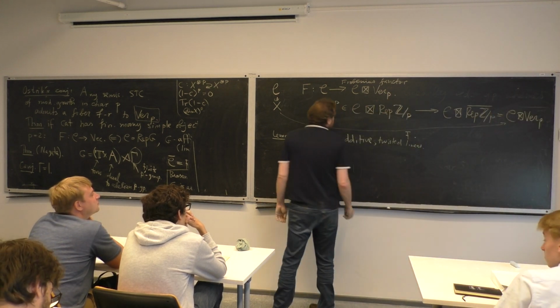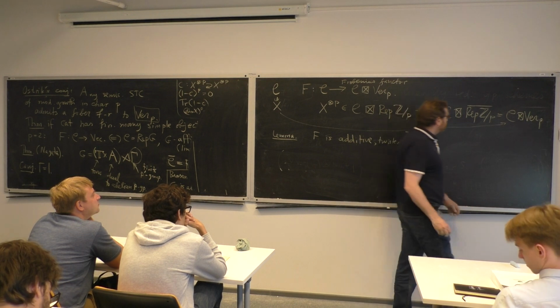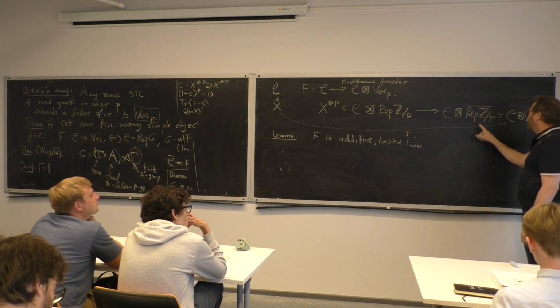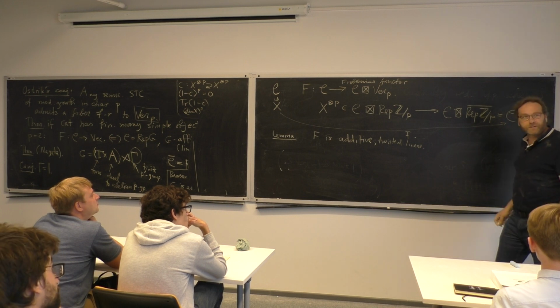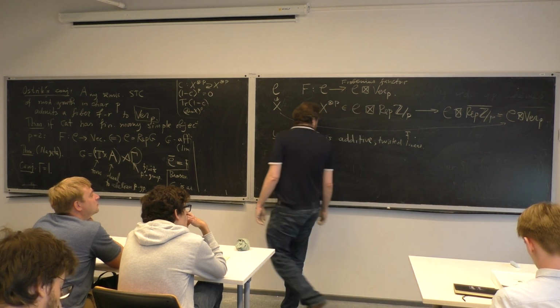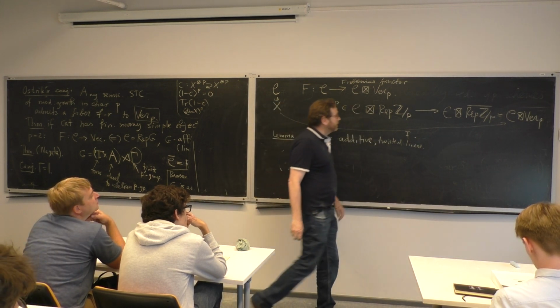So then it lands in the subcategory of vector spaces in here. So then it is the usual Frobenius.